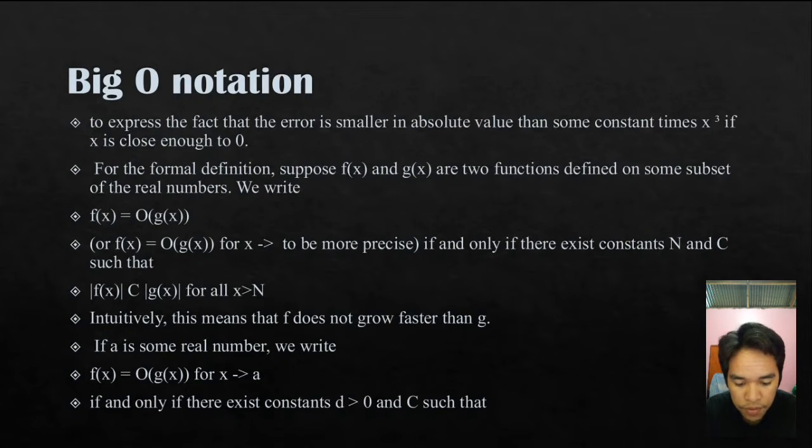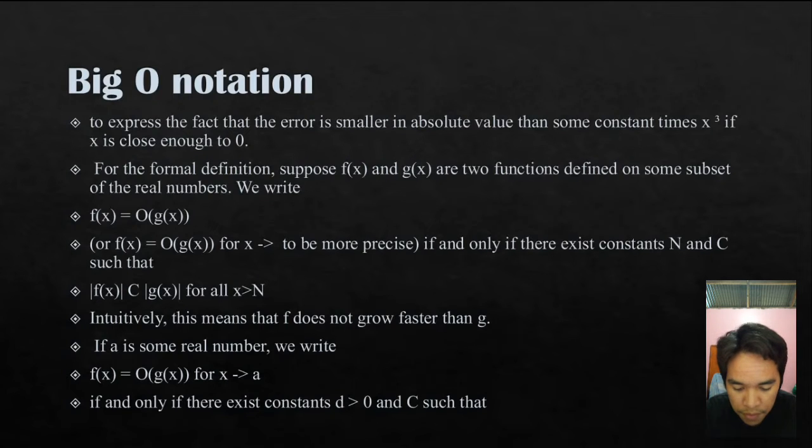For the final definition, suppose f(x) and g(x) are two functions defined on some subsets of the real numbers. We write f(x) = O(g(x)) for x to infinity if and only if there exist constants N and C such that |f(x)| is at most C|g(x)| for all x greater than N. Intuitively, this means that f does not grow faster than g.